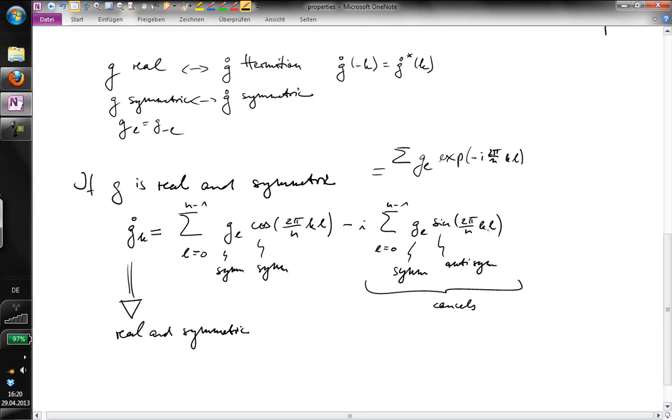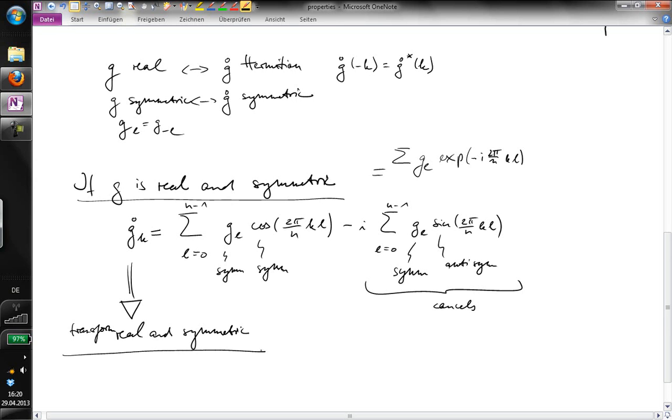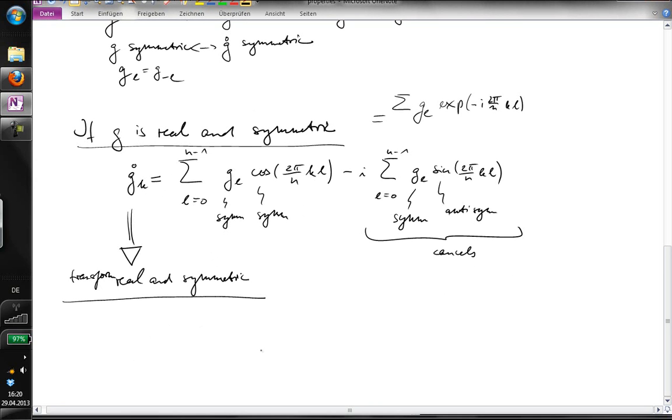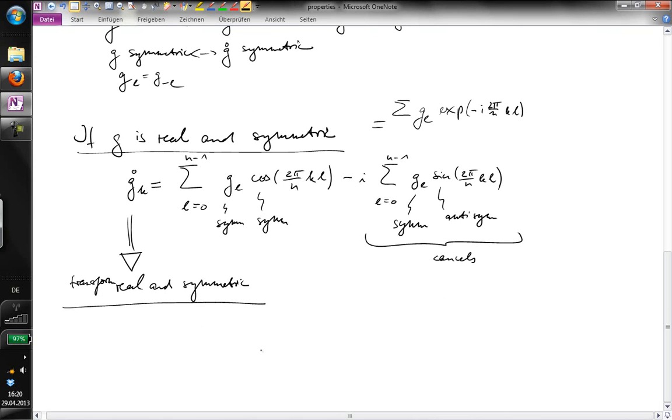Okay, so bottom line, if my input signal G is real and symmetric, then its transform is also real and symmetric. And this is something which is exploited in the discrete cosine transform that we'll talk about more next week.